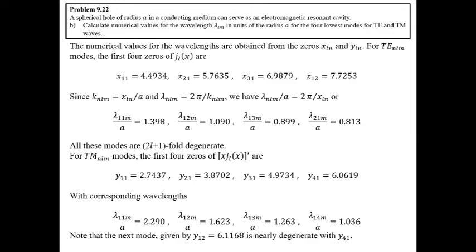Problem b. Calculate numerical values for the wavelength lambda_ln in units of the radius a for the 4 lowest modes for TE and TM waves.